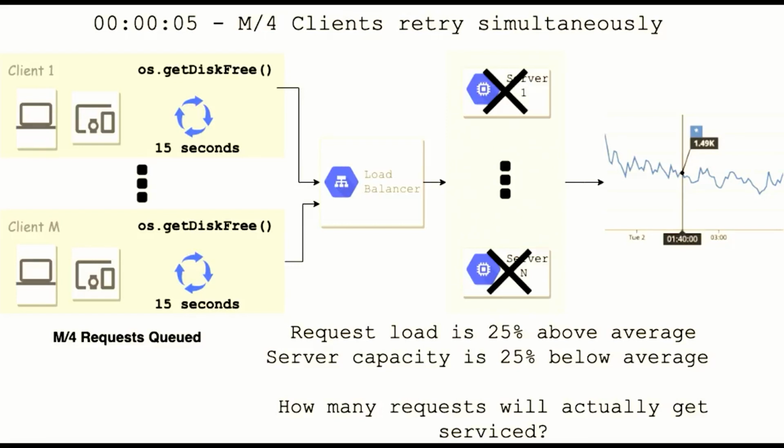So this creates a really extreme scenario where you expect to have a certain degree of throughput. You expect your requests to still get serviced. But the fact is, in this scenario, far fewer requests will actually get serviced than you think. And the reason for this is because the clients are retrying simultaneously. They are creating this instantaneous increase in the peak load on the server pool when the server pool is a whole 25% below capacity.